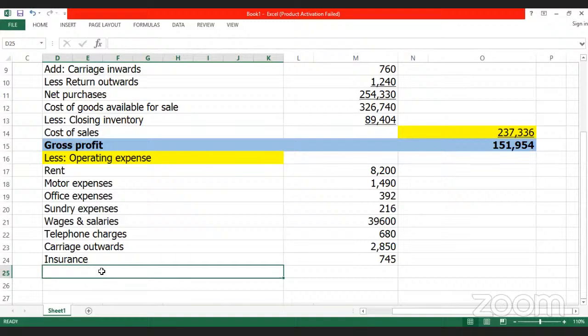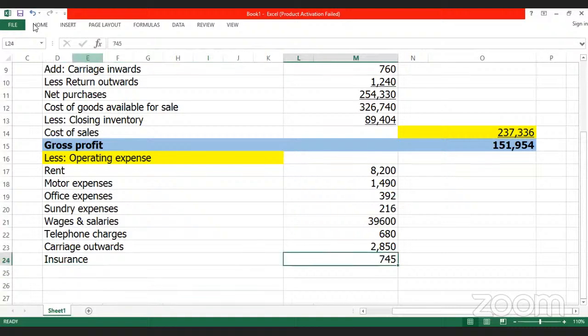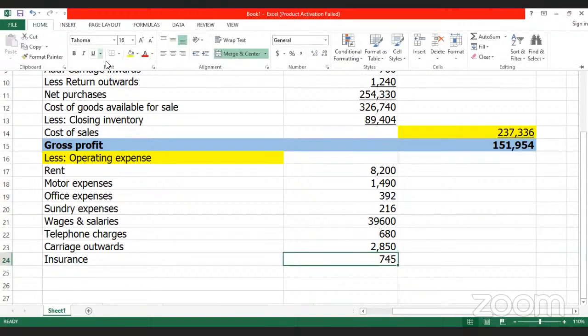That is a non-current asset. I think that's all. Rent we have, carriage outwards we have, the motor expenses we have, the insurance is there, telephone charges are there, office. Okay, let's add and get the total operating expenses.